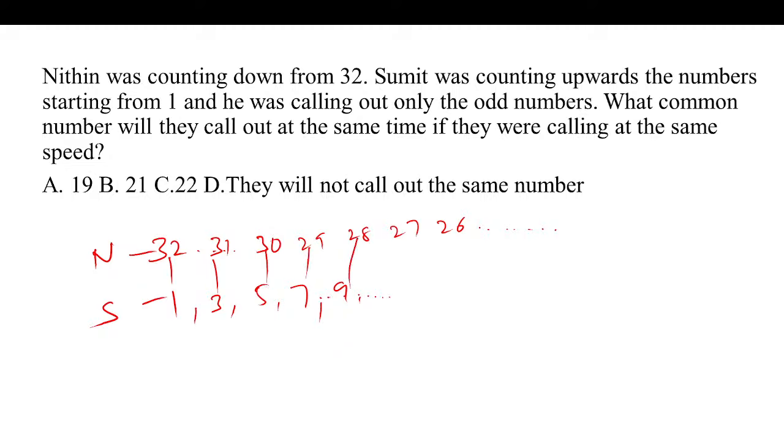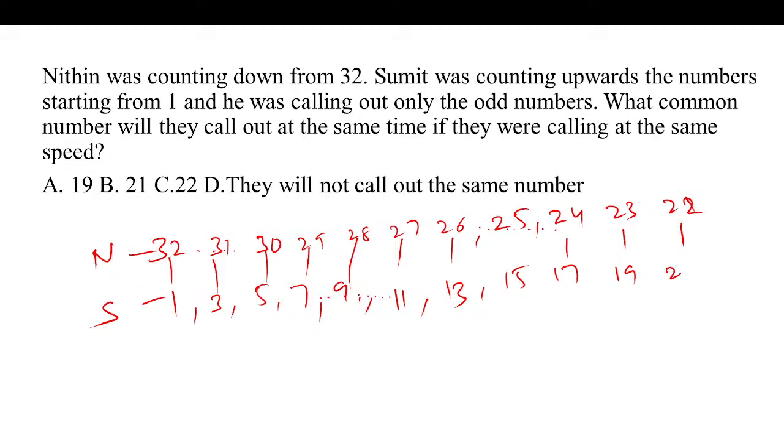Same number, same speed. Here 1, 3, 5, 7, 9, and 11. And next 13. And here it is 25. Here 15 and next 24. Here it is 17 and next 23. Here it is 19 and here it is 22. And here it is 21.